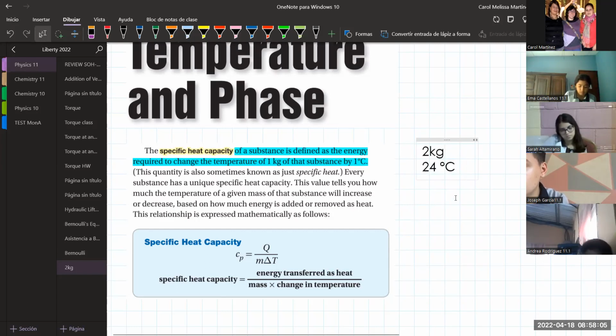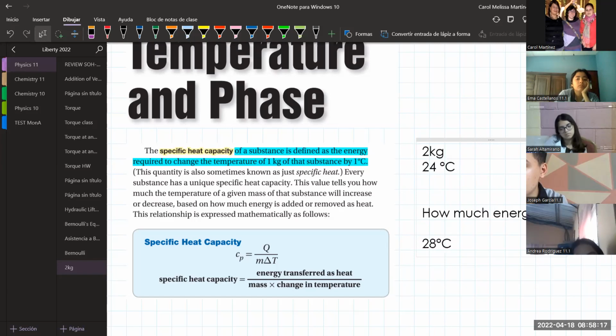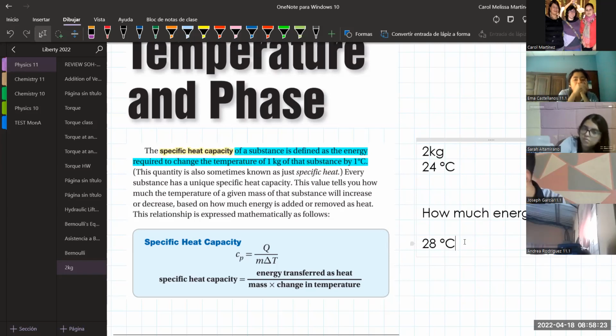degrees Celsius. So with this topic, I want to know how much energy is required if I want to heat my object to a temperature of 28 Celsius. For example, how much energy I need to raise the temperature of this object that has a mass of 2 kilograms.